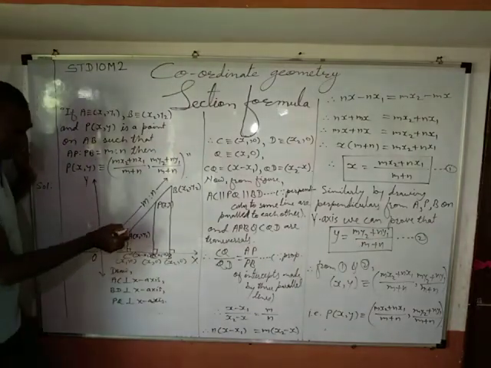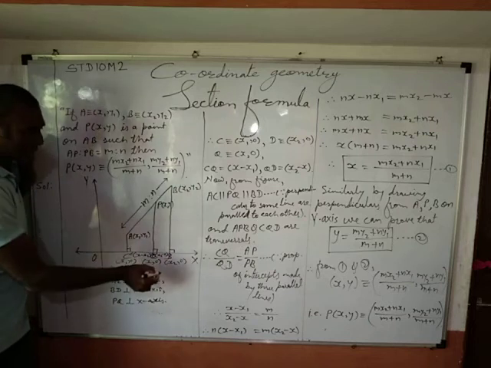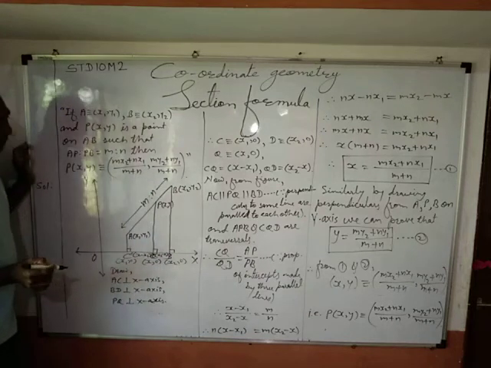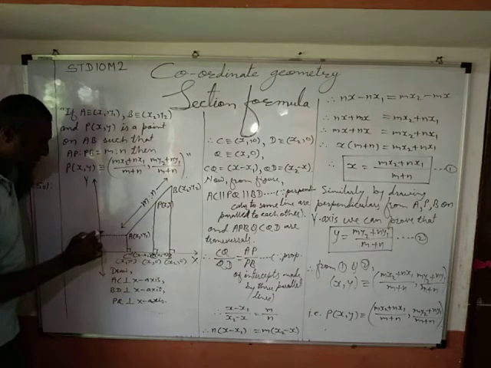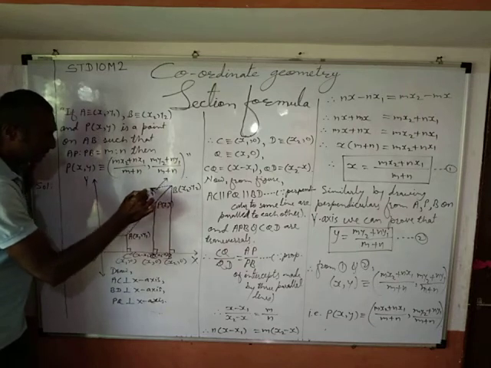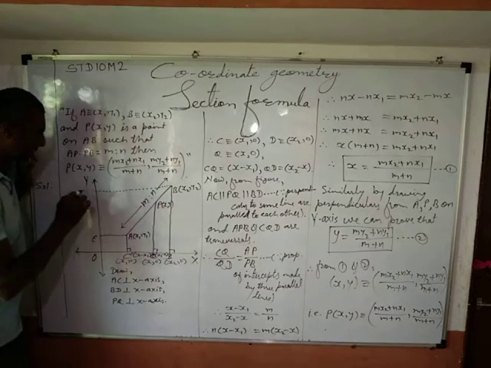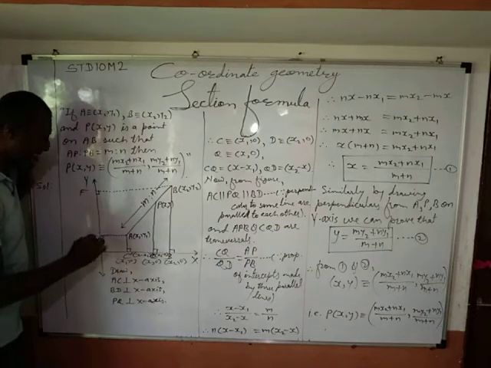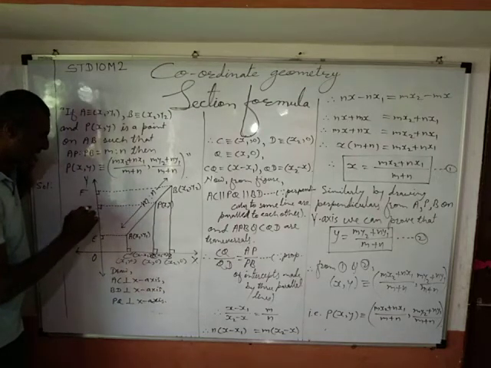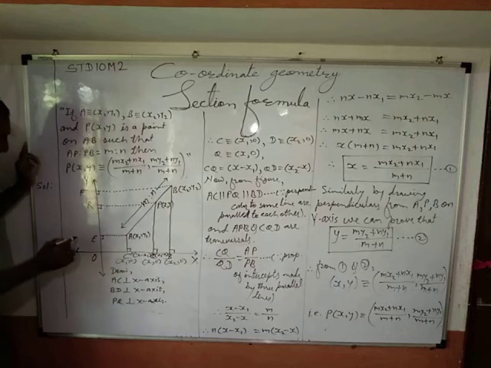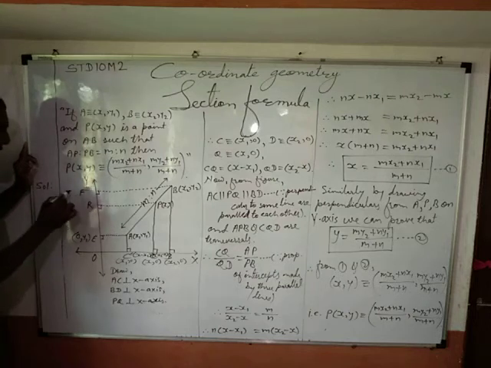As here we have drawn AC, BD, PQ perpendicular to x-axis, similarly, if you draw AE perpendicular to y-axis, BF perpendicular to y-axis, and PR perpendicular to y-axis, coordinates of E will be (0, y1), coordinates of F will be (0, y2), and coordinates of R will be (0, y).